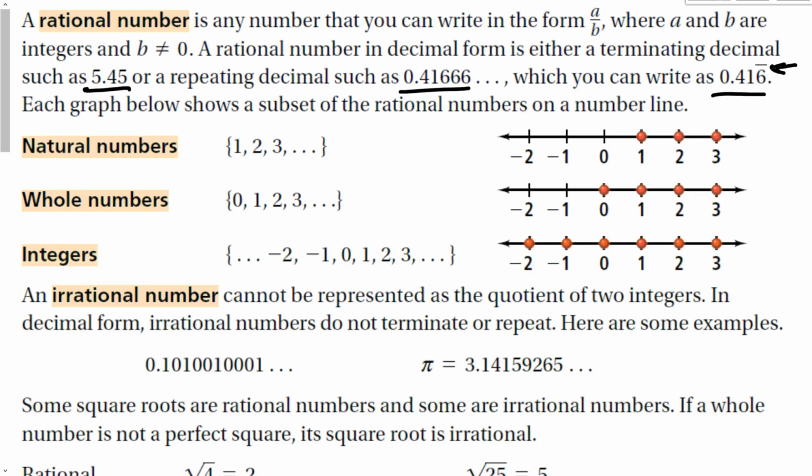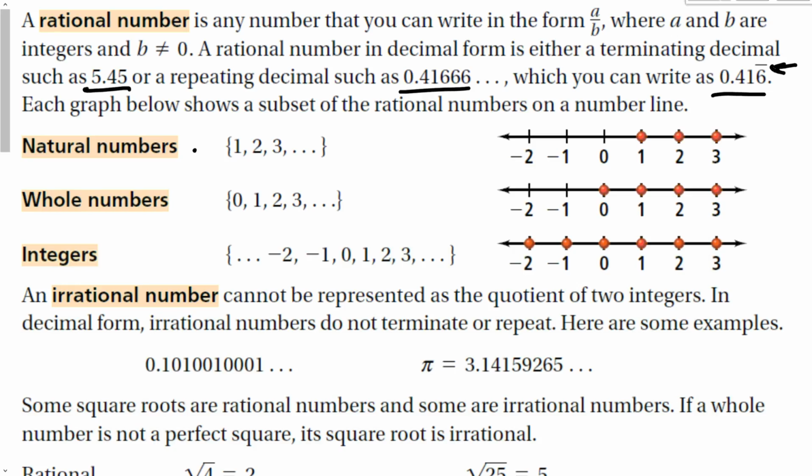Inside of rational numbers are a few different subsets. We have natural numbers, which are the counting numbers: 1, 2, 3, 4, 5, 6, 7, 8, 9, 10. No decimals, no fractions, starting at 1 and going up. The only difference with whole numbers is that whole numbers include a 0. So this is 0, 1, 2, 3, 4, 5, 6, 7, 8.